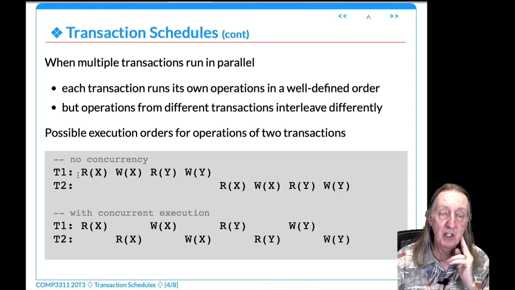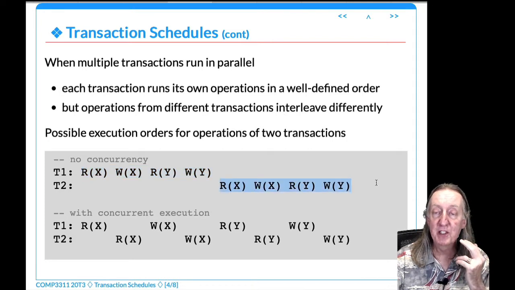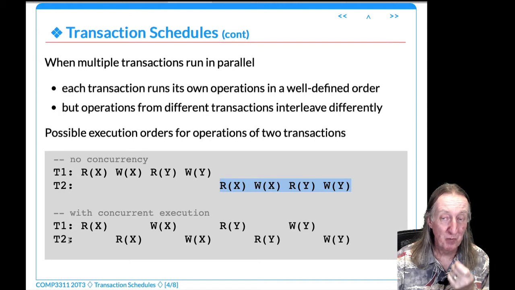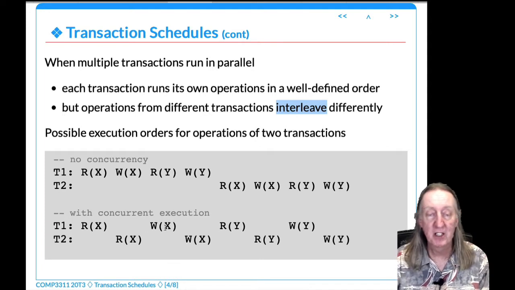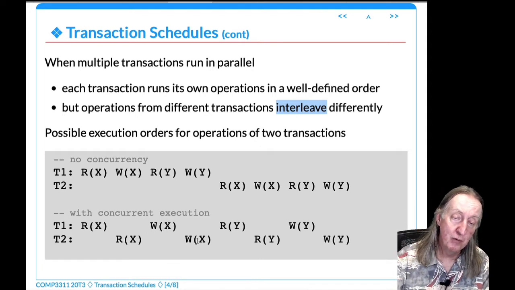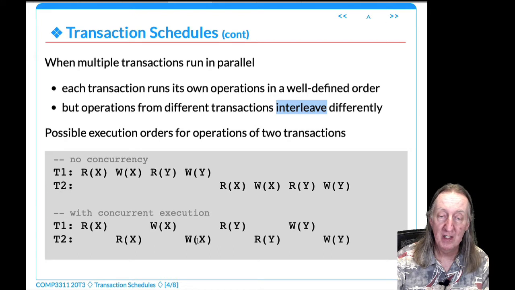So this first transaction runs, does all of its read-write operations and finishes, and then the second transaction runs. If they run really in parallel, then the operations are going to be interleaved. So T1 does a read of X, then T2 does a read of X, then T1 does a write of X, then T2 does a write of X.